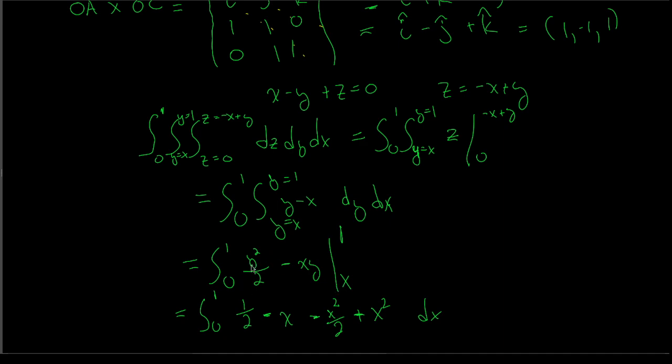All right. The 1 goes in here, that's 1/2. The 1 goes in here, that's negative x. Now we're going to subtract x squared over 2, and then we're going to subtract x times x, or x squared.